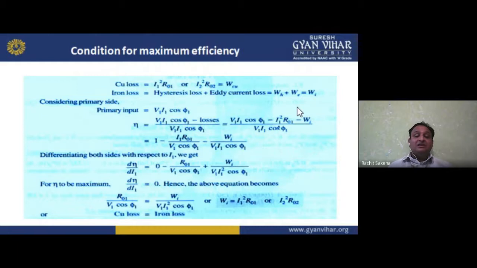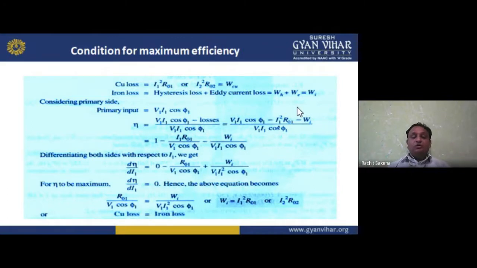So we can say the R01 component is equal to the W_i component, that is core loss will become equal to copper loss. Means core losses and copper losses become equal, when we differentiate and equate to 0, because we want to identify the maximum condition.